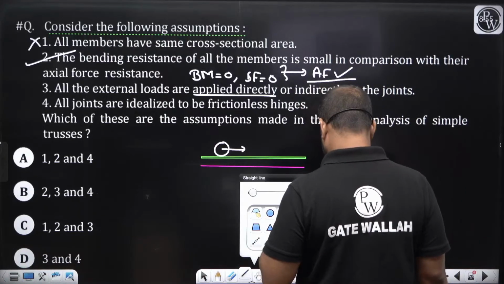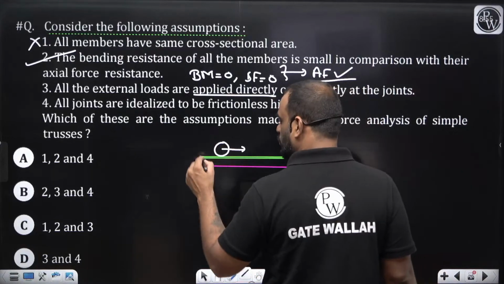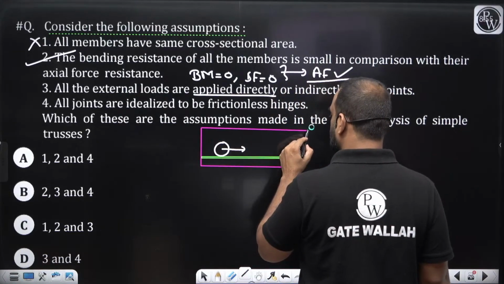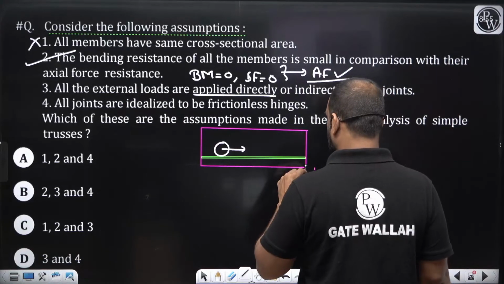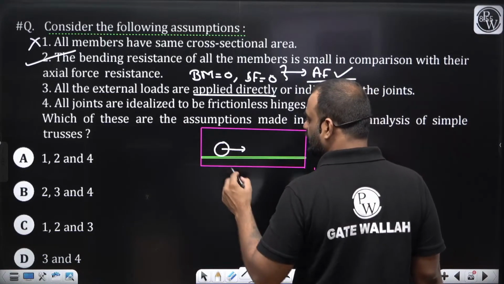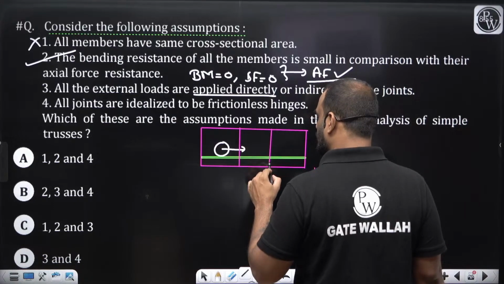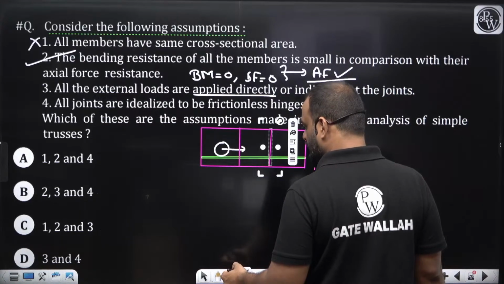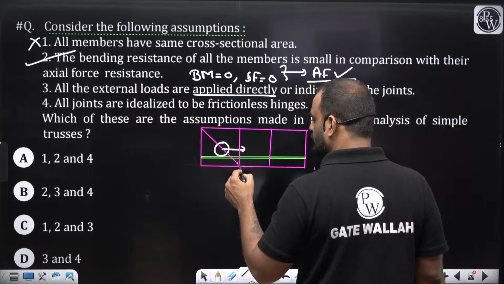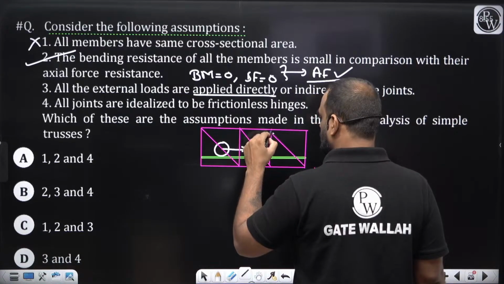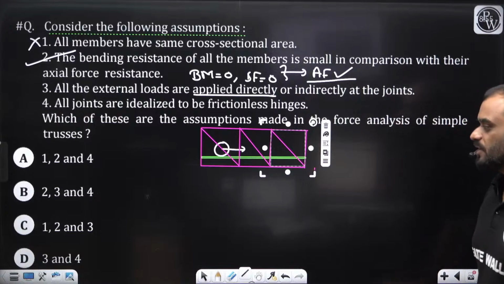And let me complete it so that you can understand how we arrange our truss, as well as how we apply the load indirectly on the truss. I'm just trying to draw a small one, okay?